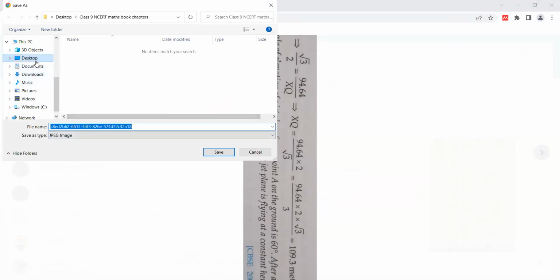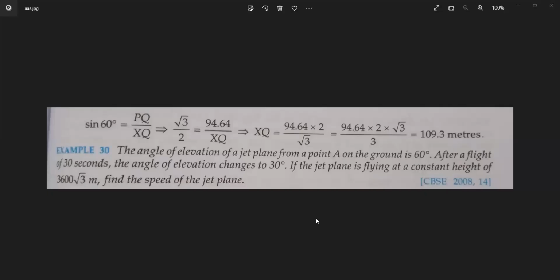Oh, it's inverted. I'm just opening it. Wait. Okay, now it's here. Please do it.